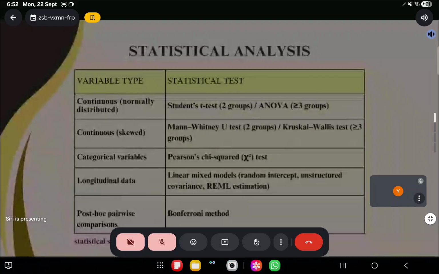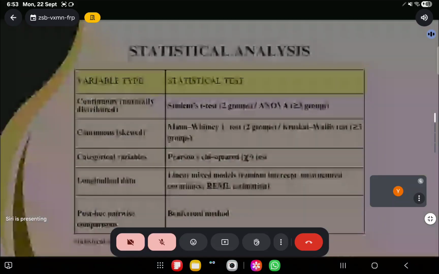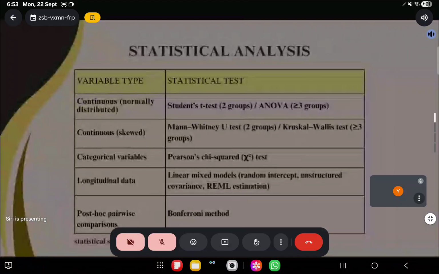The results were reported as a beta or regression coefficient, which is the average difference in the outcome variable when compared to the reference variable. Post hoc pairwise comparisons were analyzed using the Bonferroni method, and all the statistical data were considered significant if the p-value was less than 0.05. So, are we clear with the statistical methods used in the paper?